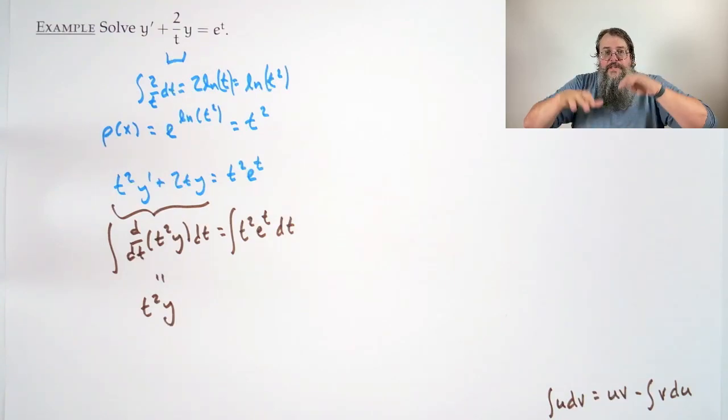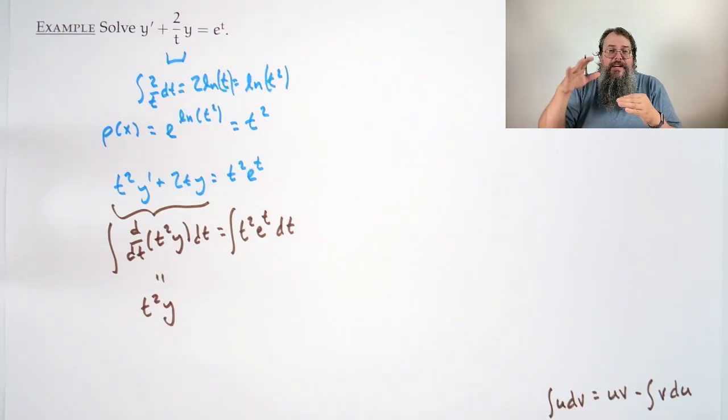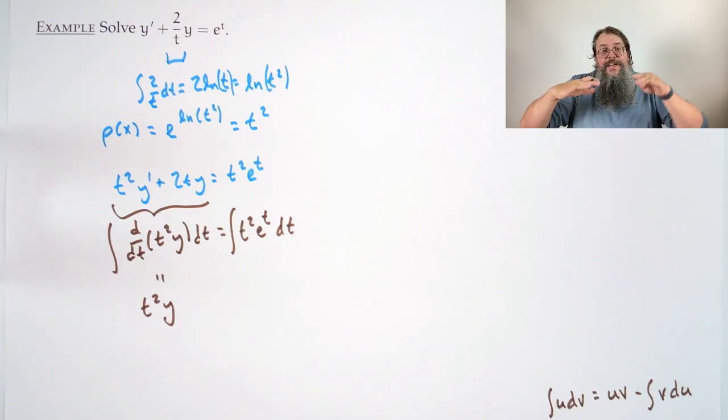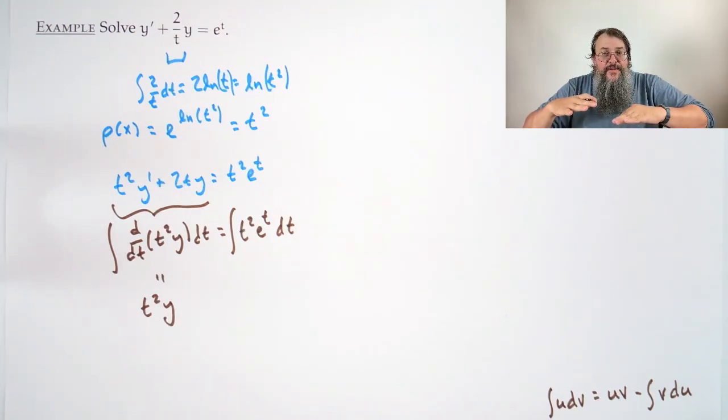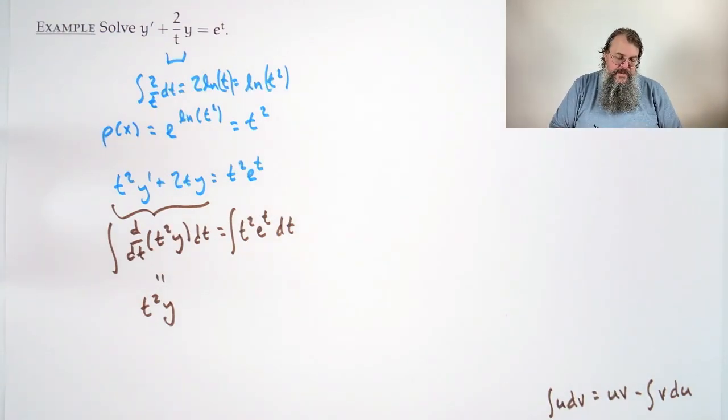Now, of course, you have a choice as to which part is which. And oftentimes if you have e to the t, because e to the t is so easy to integrate and differentiate, it's oftentimes the one that you choose to integrate in the hopes that the other one simplifies. Anything that simplifies under a derivative, which includes any polynomial, that's our u.